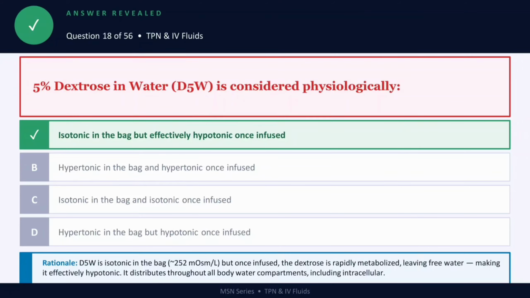Rationale. Dextrose 5% in water is isotonic in bag but once infused, the dextrose is rapidly metabolized, leaving free water, making it effectively hypotonic. It distributes throughout all body water compartments, including intracellular.